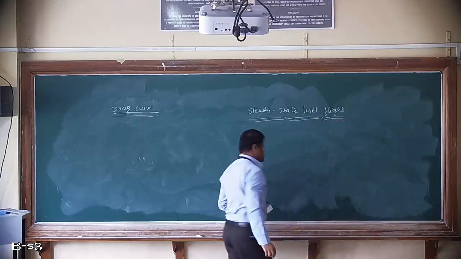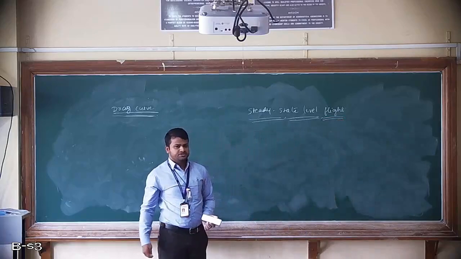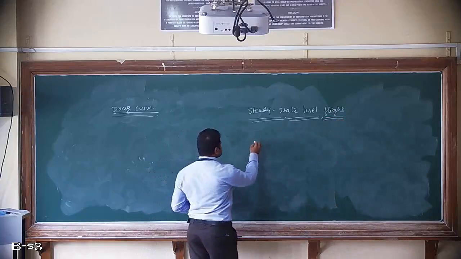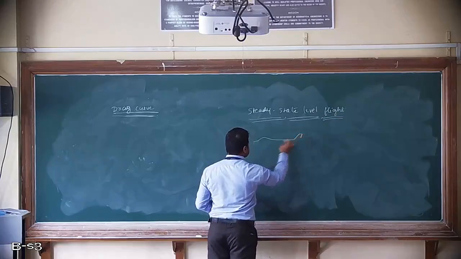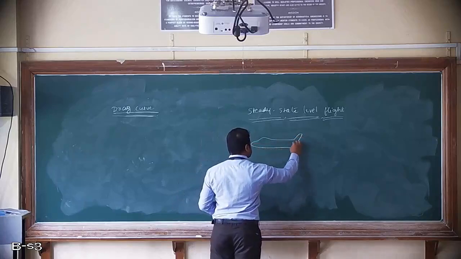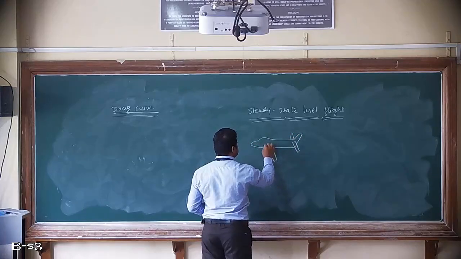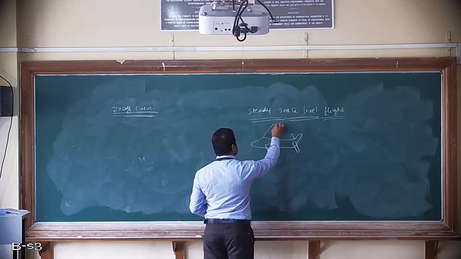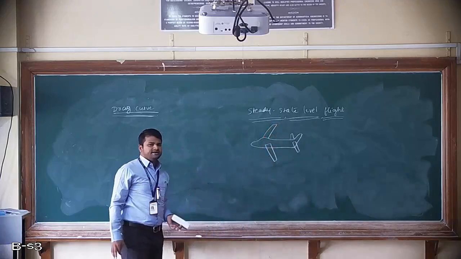When I say steady state level flight, we will consider one small picture of the aircraft. This is the aircraft, which is airborne and flying in the air.